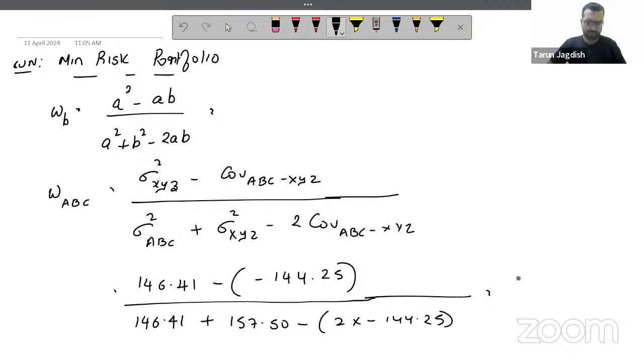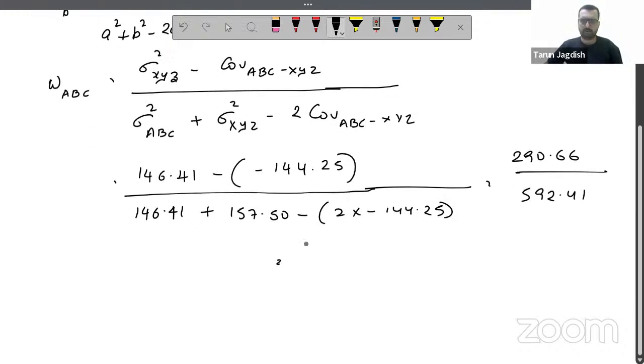Okay, so 290.66 divided by 592.41. All right, so what's the answer you get?